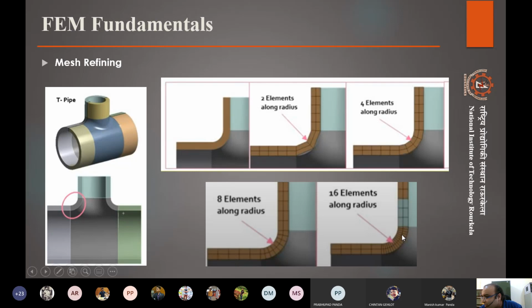And you can see, even with linear or 1 degree elemental meshing, we can reach a sufficient degree of accuracy. However, with accuracy we also lose processing time, because we have increased from 2 to 16 to get good accurate values.